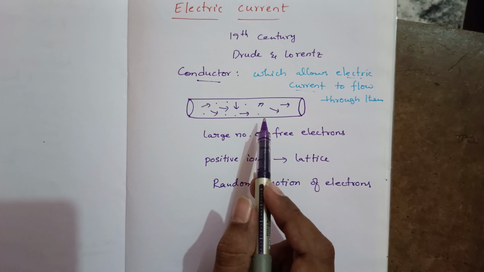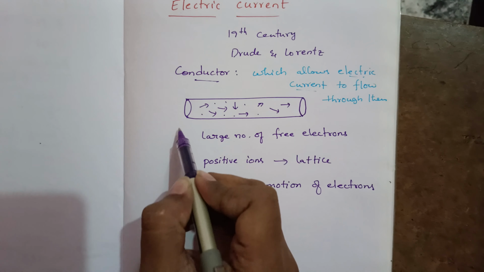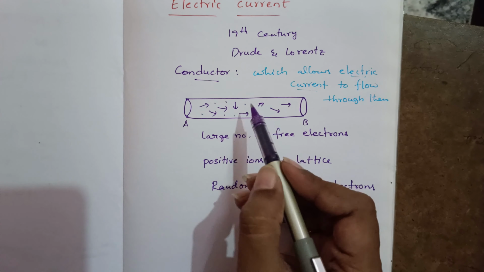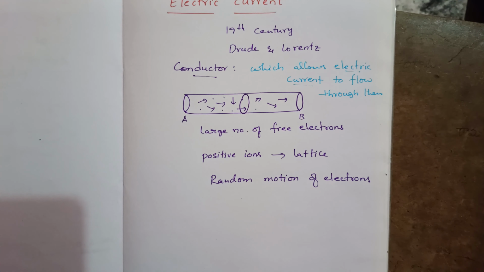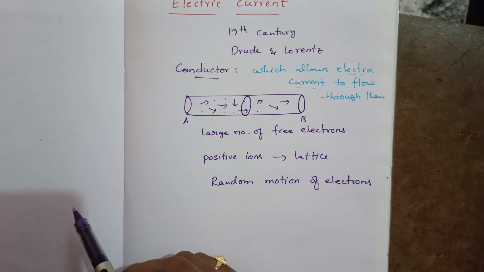Now here, if you consider this is point A, this is point B, and any cross section, there is no fixed direction, either moving forward or coming backward.